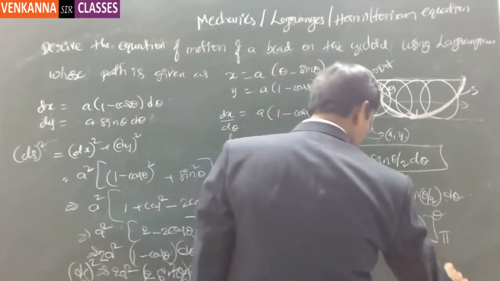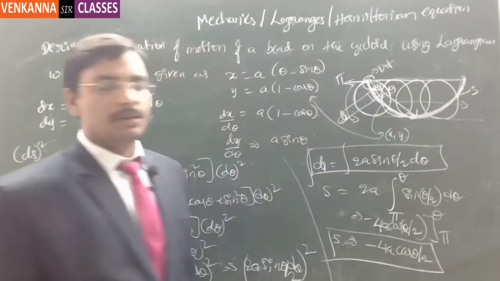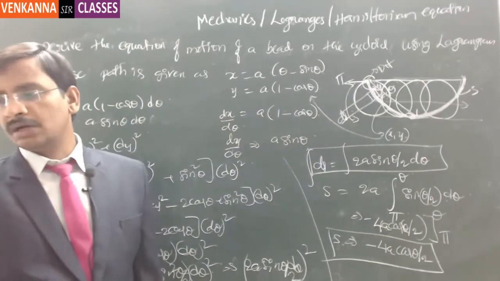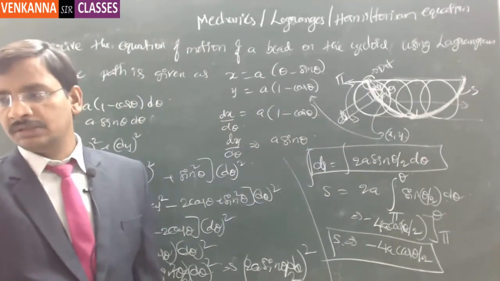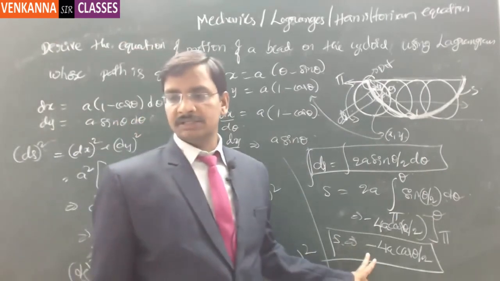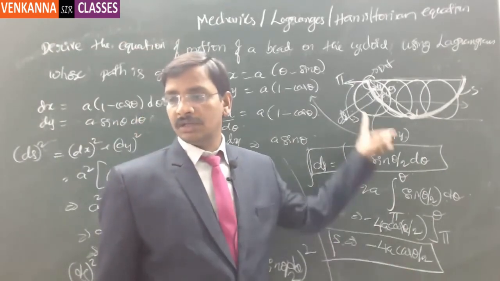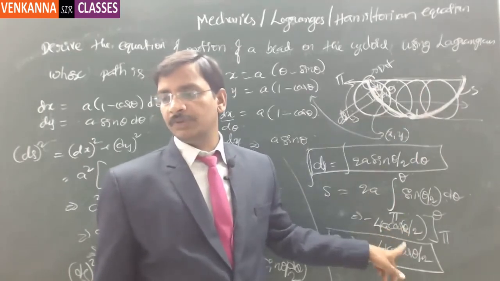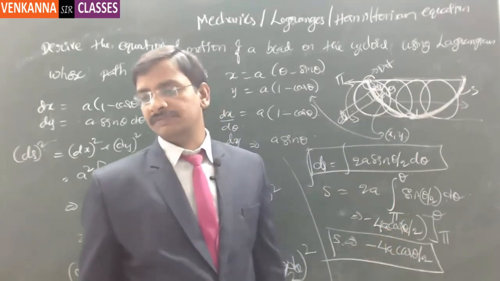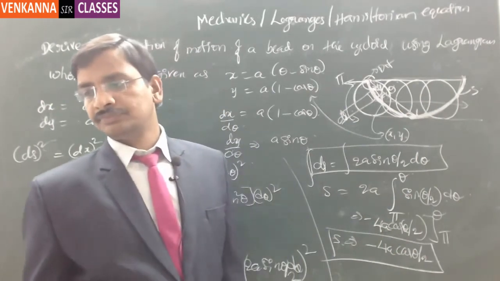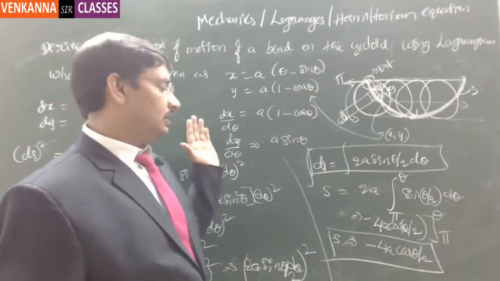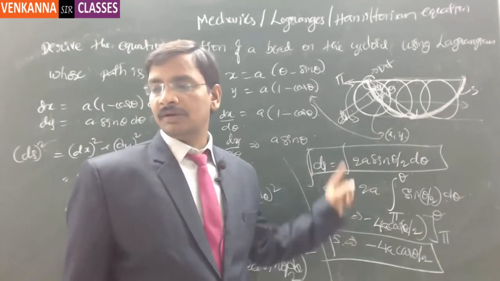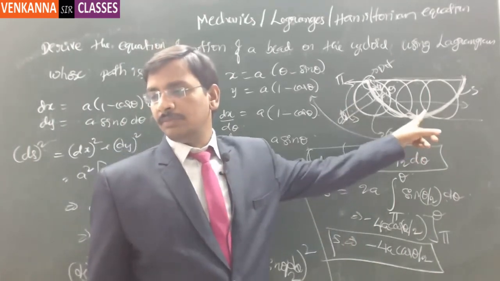So s value is given as minus 4a cos theta by 2, right? This value is coming as minus because theta by 2, with theta between pi and 360, so the cosine is negative, and minus of minus will come as plus for us. Got it? So this way you are able to arrive at the calculation of the perimeter.